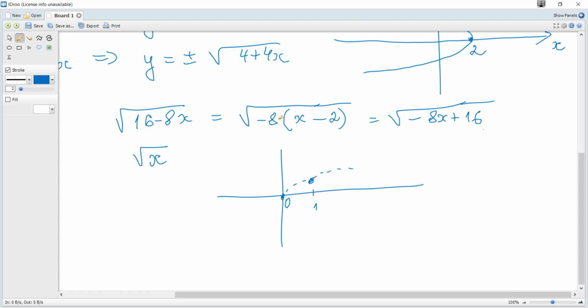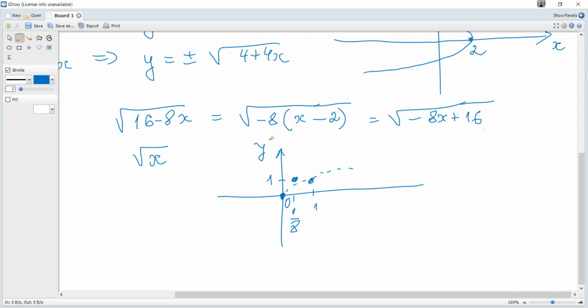A horizontal contraction by a factor of 8 with the y-axis invariant. So this point 1, 1 becomes 1 over 8, 1. Every point becomes 8 times closer to the y-axis, and every point on the y-axis remains in the same position.